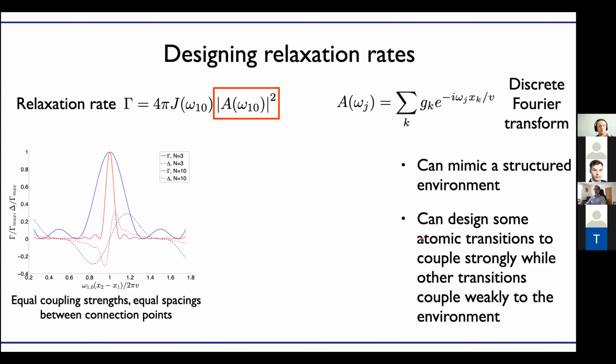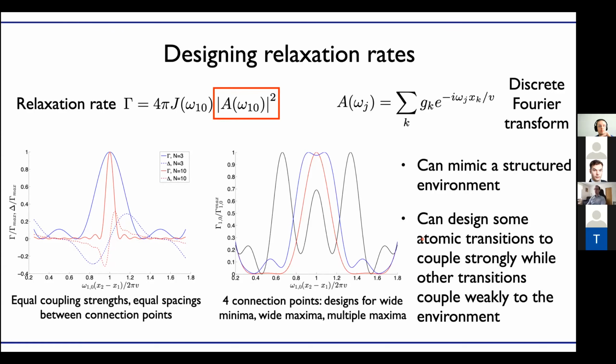So this was the most symmetric case. Then I'm showing here some examples. If you play around with these coefficients, the coupling strengths and the positions, you can basically have any frequency dependence here for the relaxation rate. I just made a few different examples where you have the red, some wide minimum for the relaxation rate, and blue, some wide maximum.